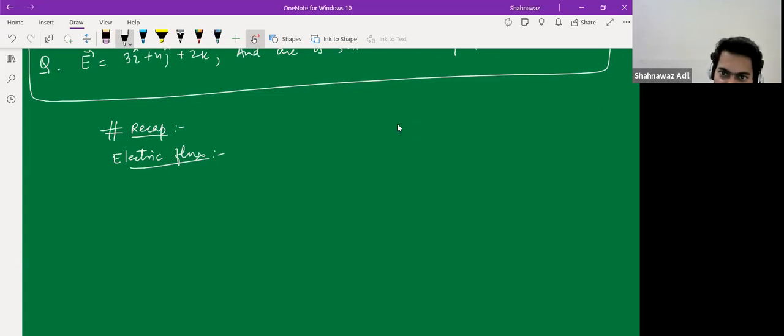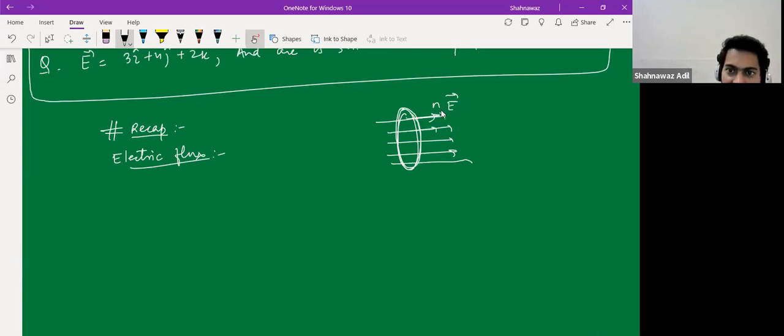So if we have a surface, let's say this kind of surface, right? And electric field lines are passing through this surface. Okay. So this surface will have a direction. For this case, the direction is normal. So this is normal and this is electric field, right? So you can see that this normal is making 0 degree with this electric field.